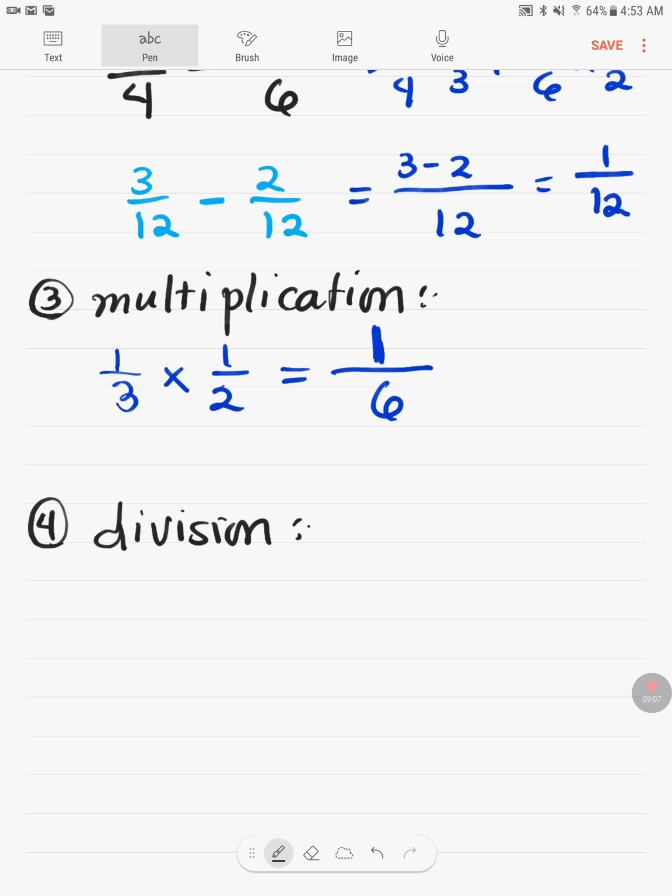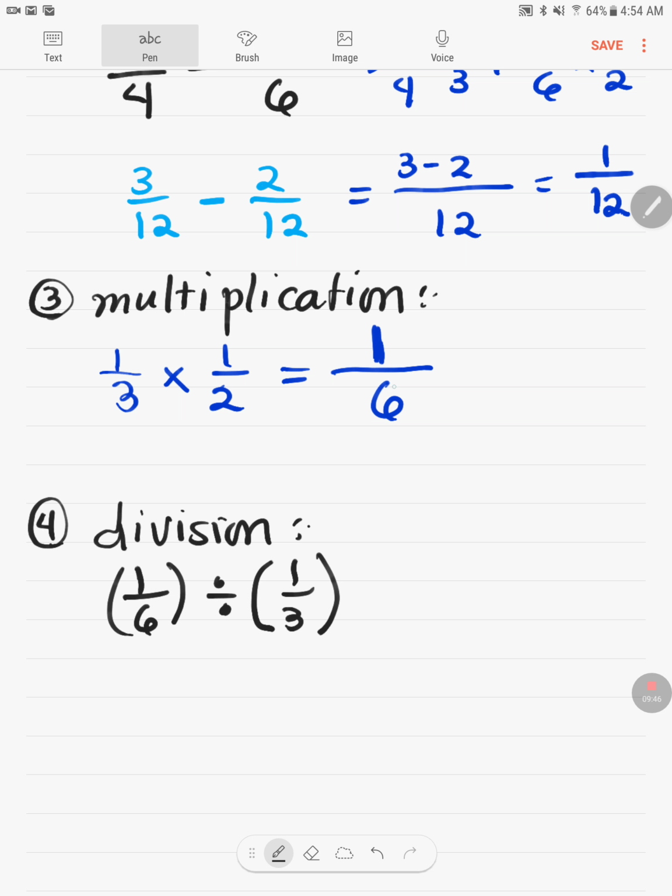So let's divide, or let's divide from this top problem, let's divide 1/6 into 1/3. Supposedly, if we do this, we should get 1/2 based on the previous problem.